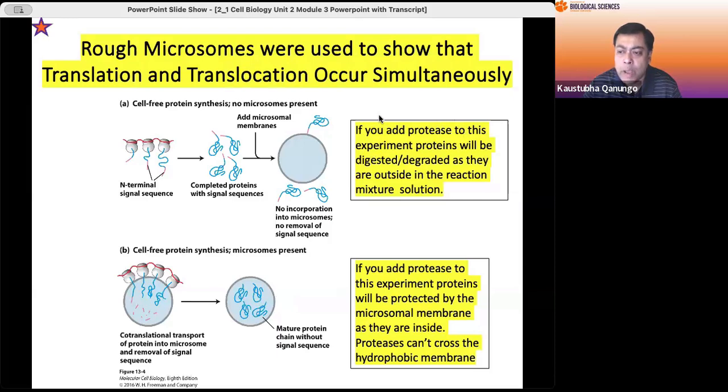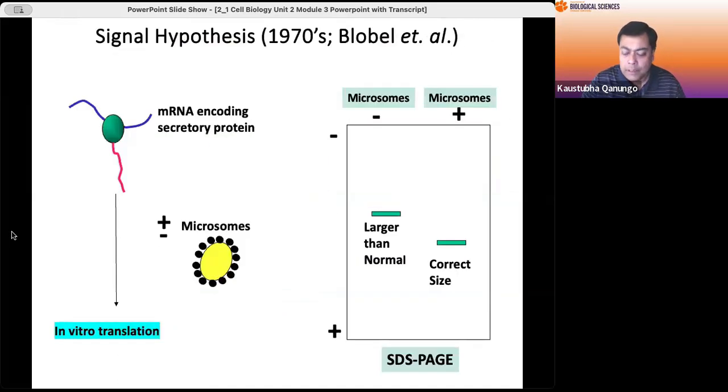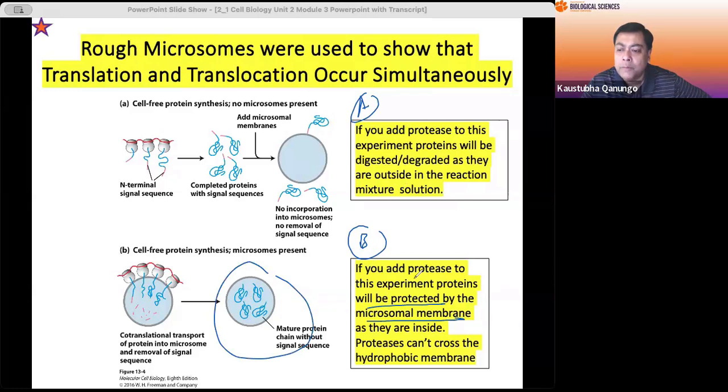See that right here, you added proteases: protected, not protected. Now, here, this is your A. Now we have a B. Our preliminary experiment tells you that the proteins of this experiment are protected by the microsomal membrane, B. So we confirm that.